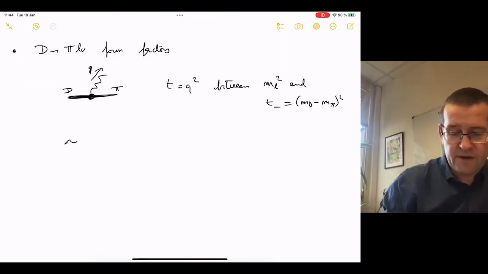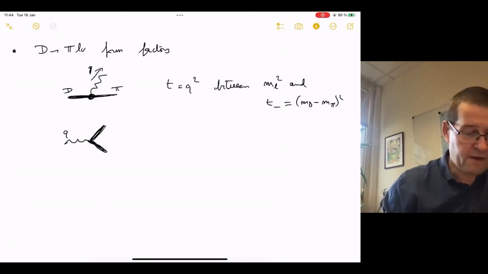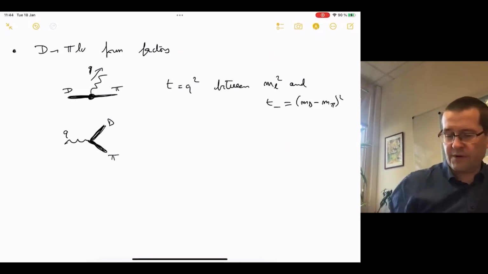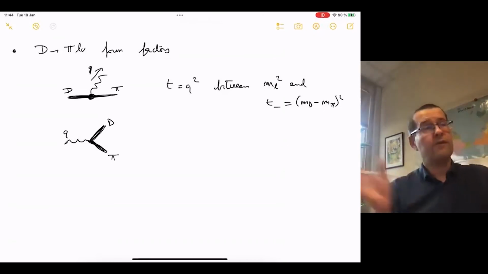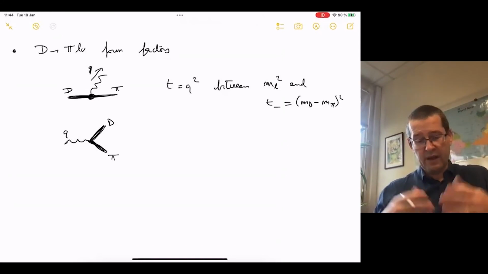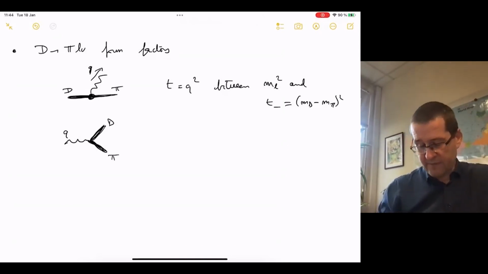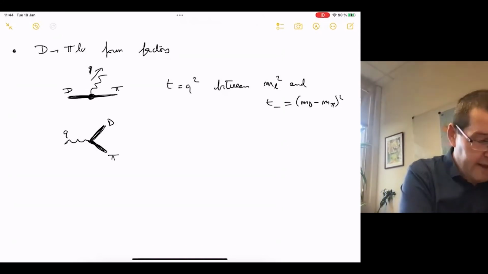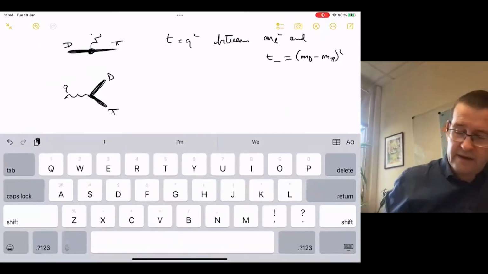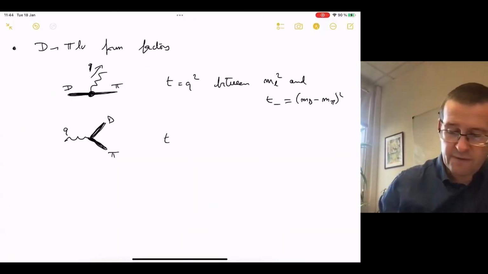And then if I look at what's going on with exactly the same vertex here and D pi, that would correspond to the situation where I'm looking at the same vertex, but this time with D pi in the outgoing stage. And the point is that this will be possible for t above (m_D plus m_pi) squared.